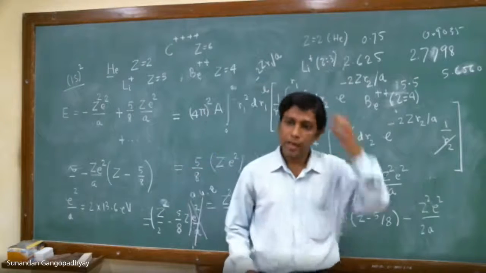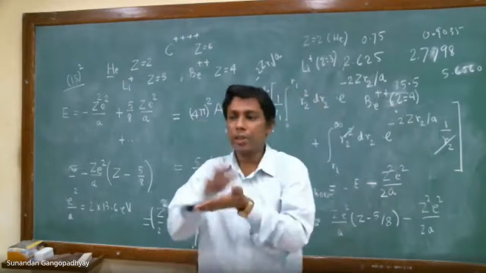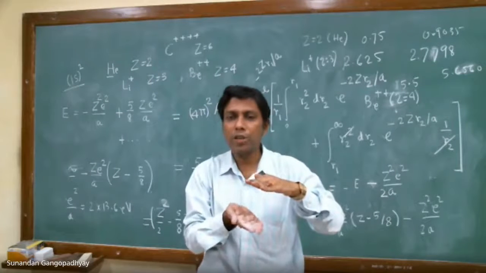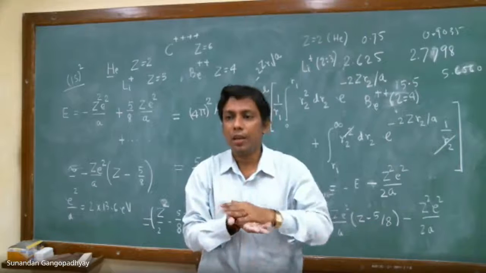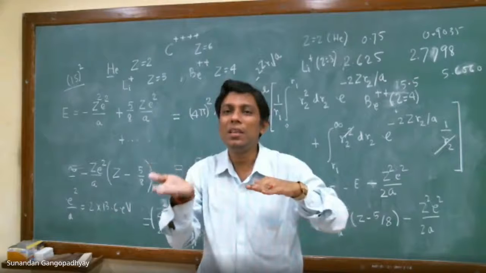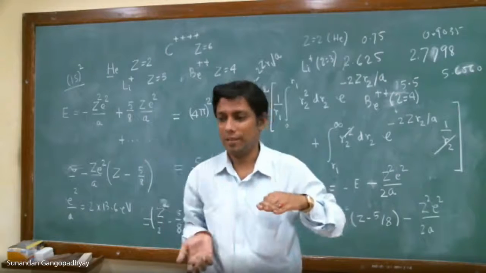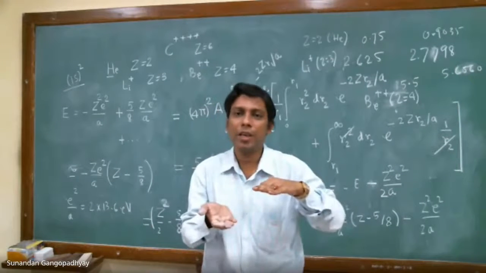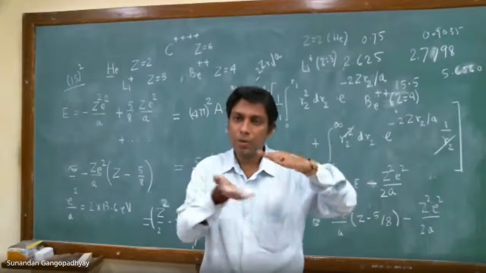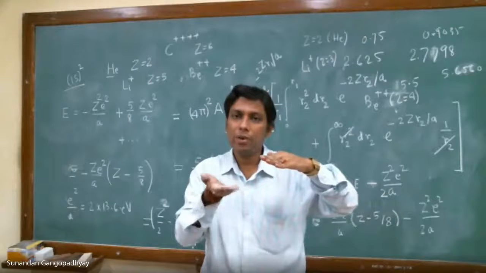So you can understand that the strength of the perturbation compared to the Coulomb potential energy experienced by the electron keeps on decreasing as you increase the value of Z, because Z appears in the denominator: e square by r12 divided by the magnitude of the Coulomb potential energy, Z e square by r.